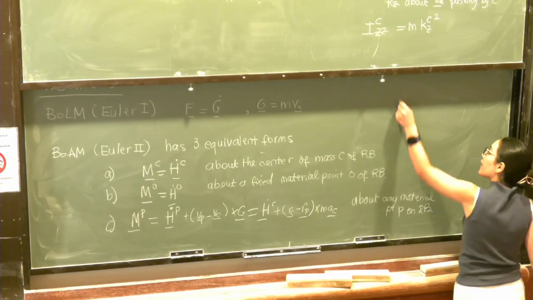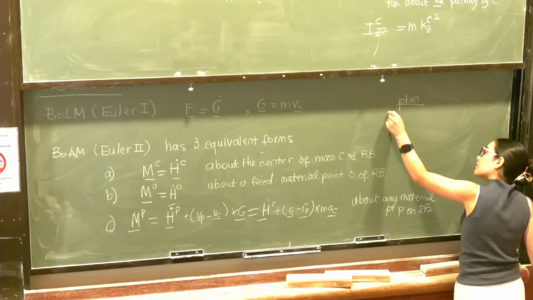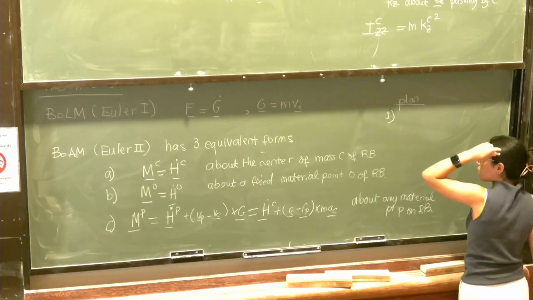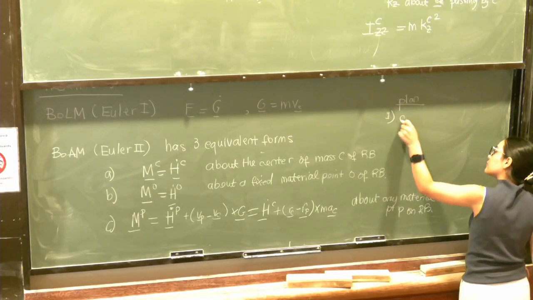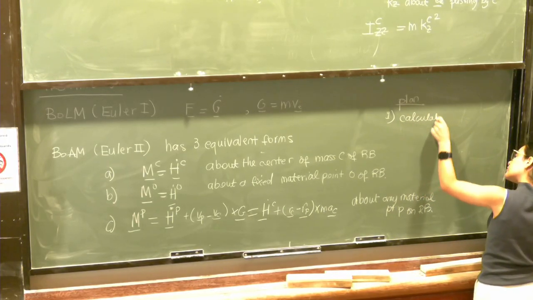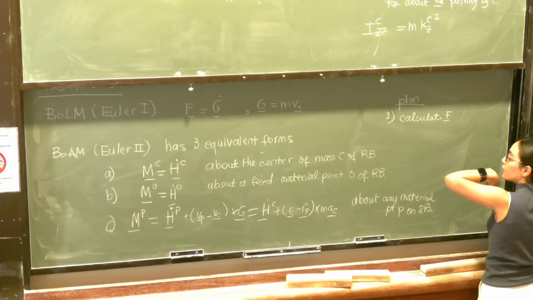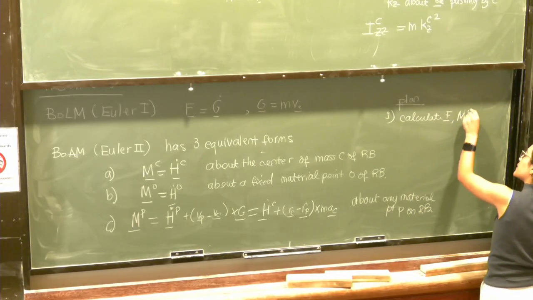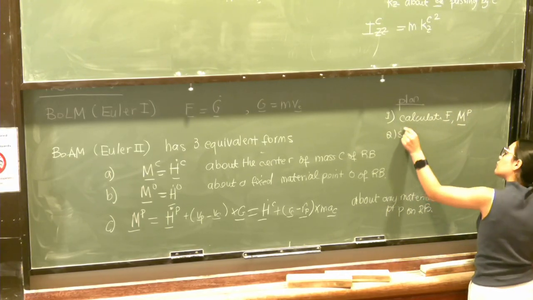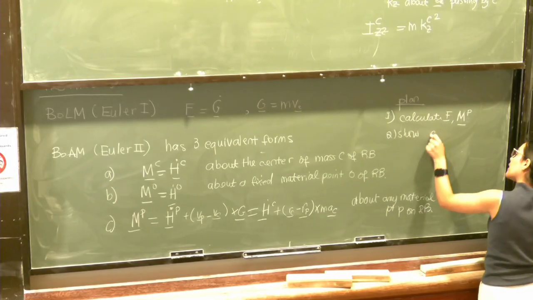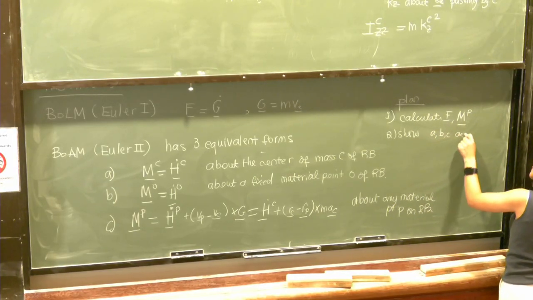So our plan: number 1, is to calculate or define what F is, what MP is. Number 2, show that A, B, and C are equivalent.